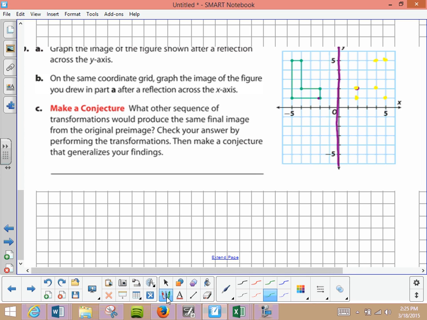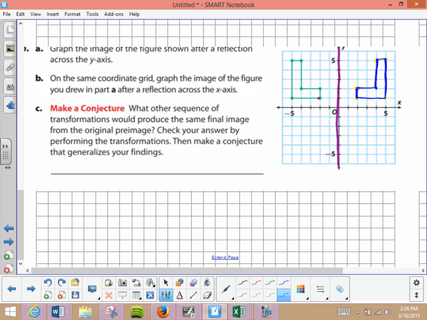So now we can connect them, right? Let's make it blue. There we go. It doesn't look perfect, but you get what I mean. All right, on the same grid, graph the image of the figure you drew. Let's stop right there.